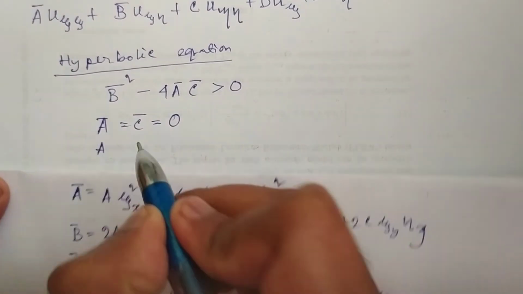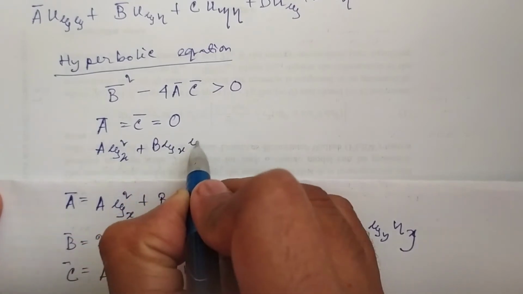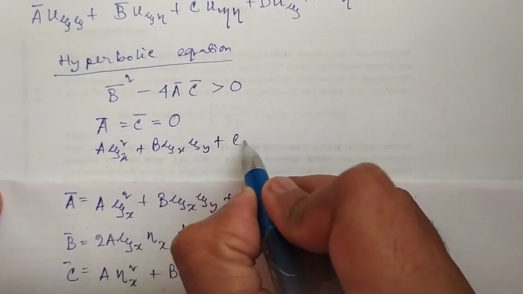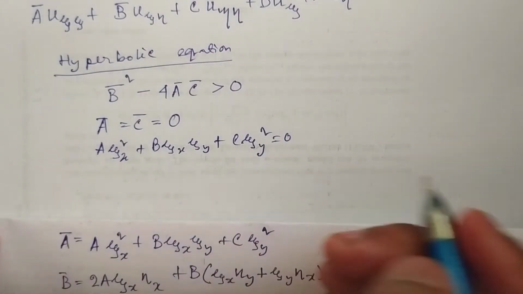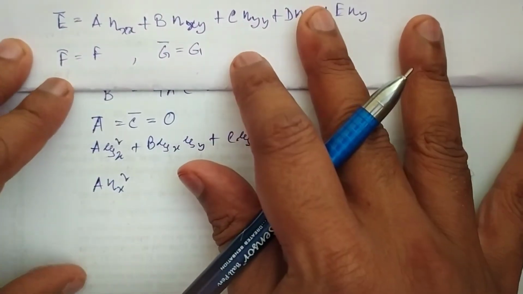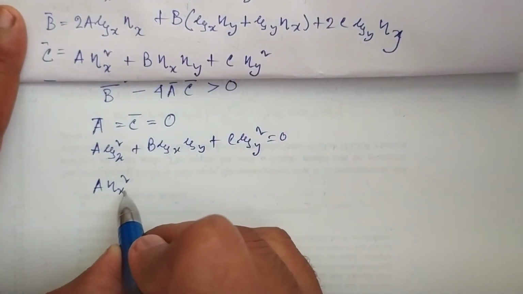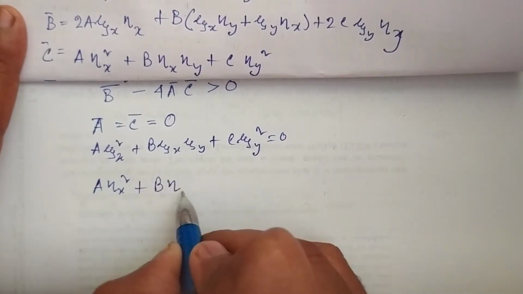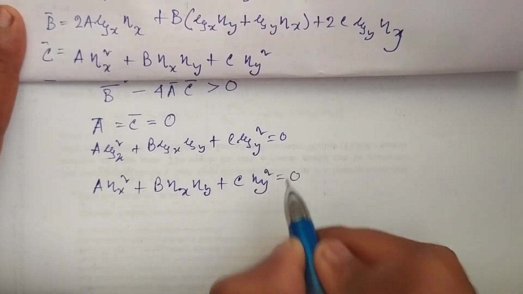So we write a xi_x squared plus b xi_x xi_y plus c xi_y squared is equal to 0, and from the c-bar equation we see that a eta_x squared plus b eta_x eta_y plus c eta_y squared is equal to 0 as well.